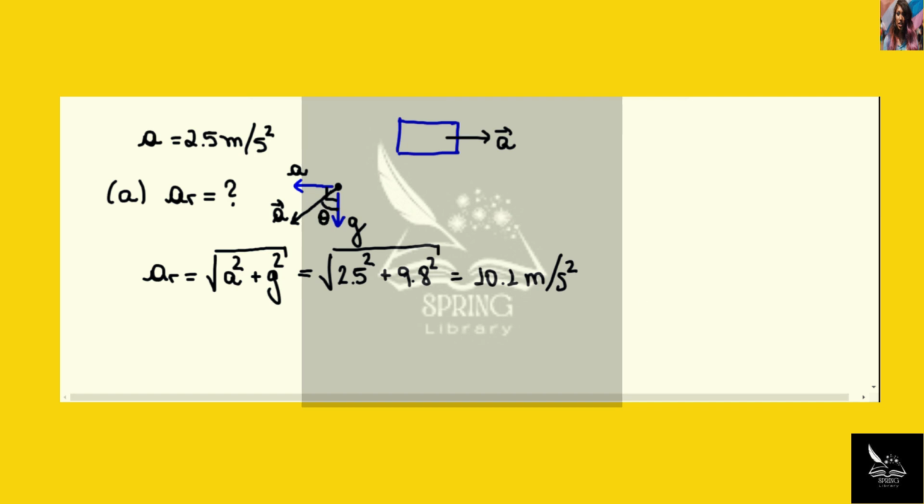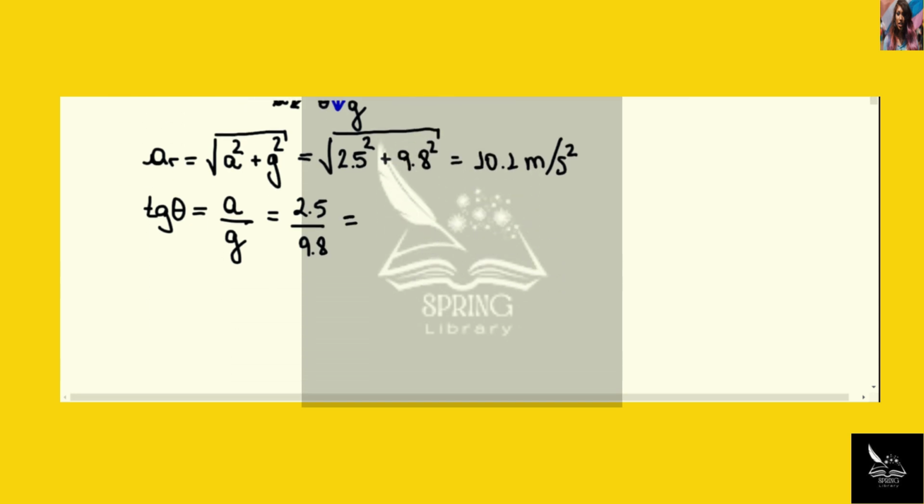Notice that I'm going to start by writing the tangent of theta, which is the acceleration a divided by g. So this is 2.5 divided by 9.8.